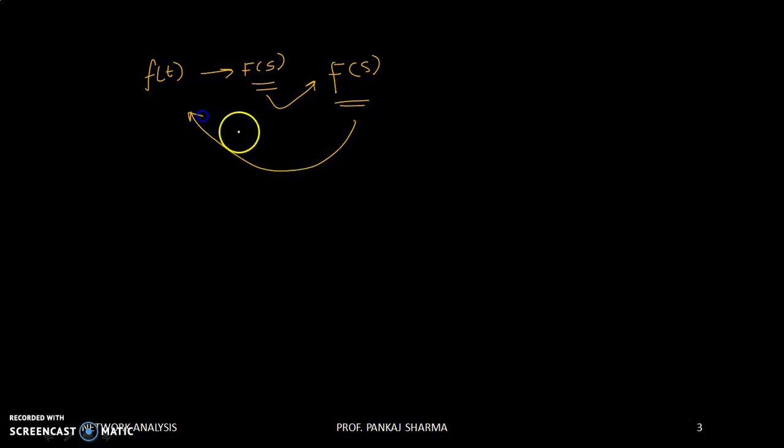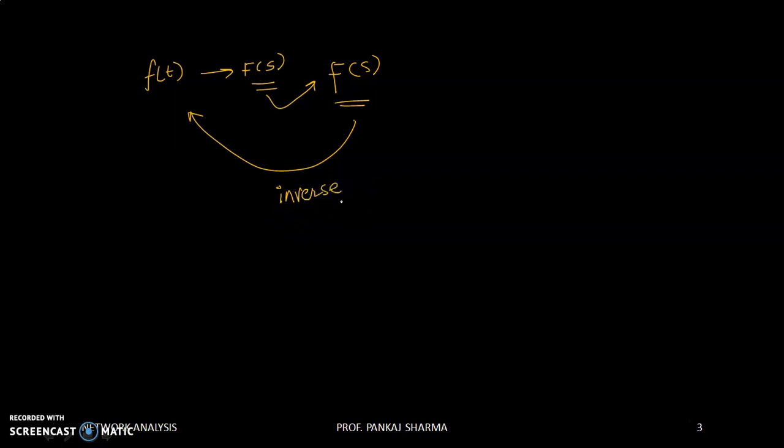It means if you have converted f(t) into F(s), and now you want back your system from F(s) to f(t), this process of getting back your signal from the frequency domain to the time domain is called inverse Laplace transformation.